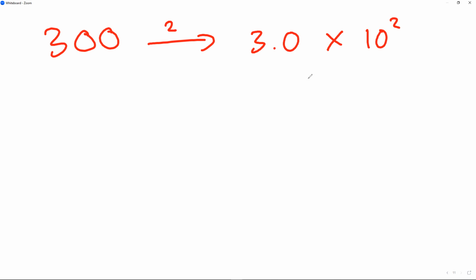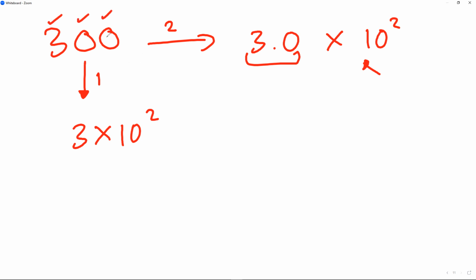In which case, this is now standard notation. So this is going to be two significant figures, and it means the same thing. If I write it to one significant figure, it'll be 3 times 10 to the power of 2. That's one significant figure, and it's at 3 significant figures at the moment. So that's when you have to just bring it into standard notation.